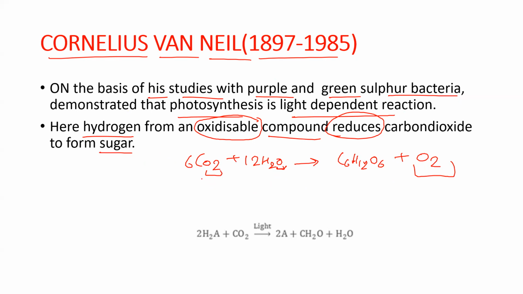For that, he took green sulfur bacteria, which are photosynthetic bacteria. These bacteria also perform photosynthesis and produce food. What he found is that these bacteria use hydrogen sulfide as the hydrogen source, not water as the hydrogen source like plants.